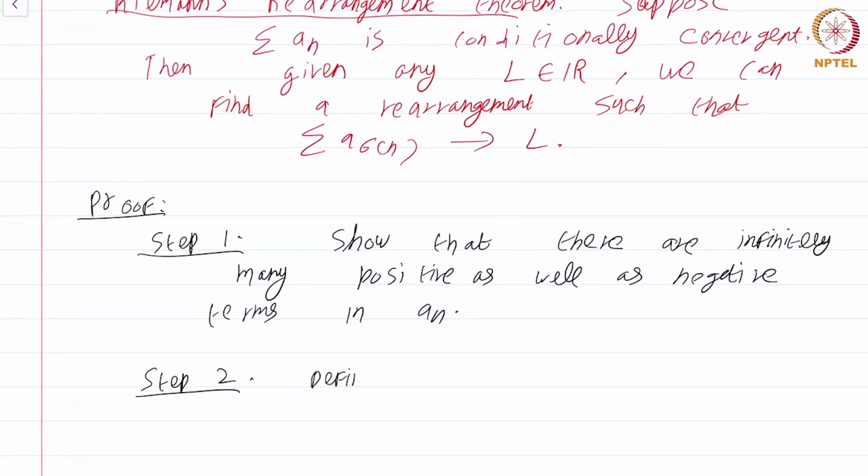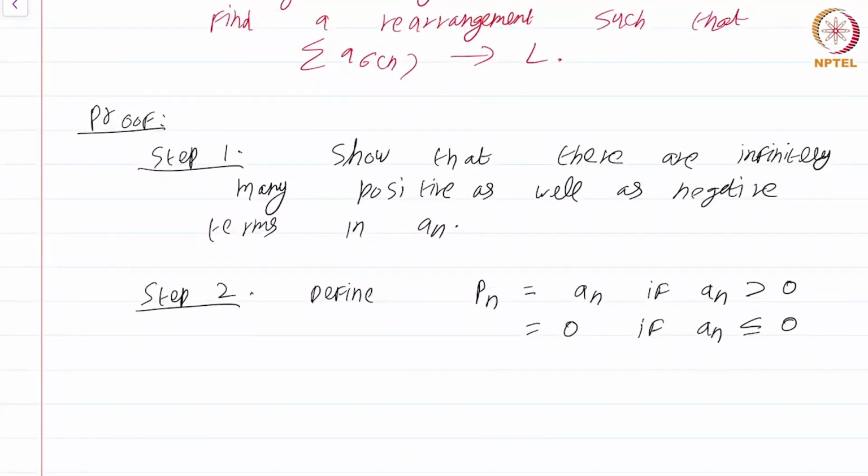Step 2, define Pn to be equal to an if an is greater than 0 and equal to 0 if an is less than or equal to 0. Okay, I'm defining a new sequence Pn. P stands for positive here, whose value will be an if an is greater than 0, and whose value will be 0 if an is less than or equal to 0.